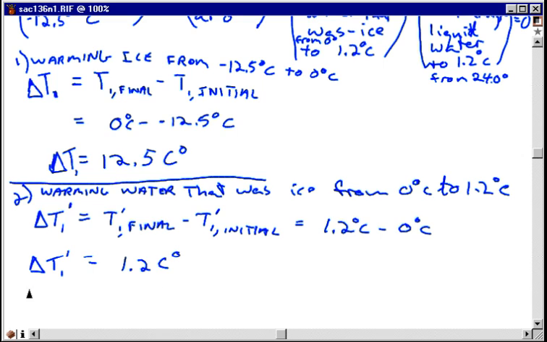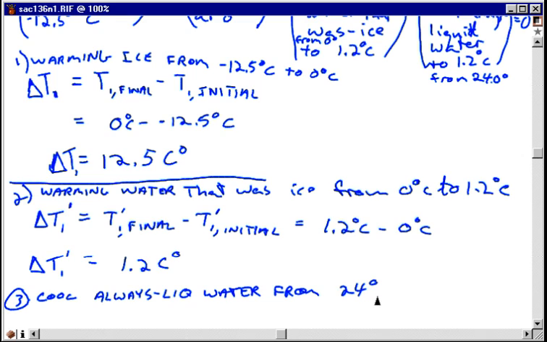for delta T1 prime. And then the third thing, I call it cooling. Always liquid water from 24 degrees.